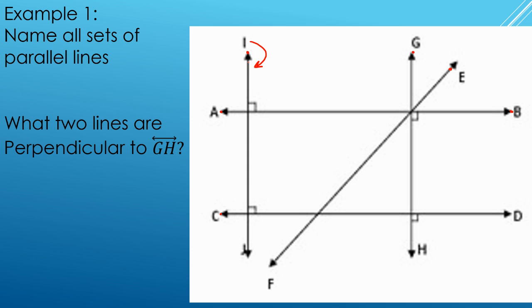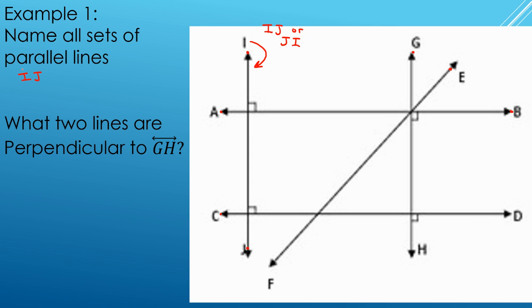So if you wanted to reference this line here on the left side going up and down, the vertical line, this would be line IJ, because J is another point on the line at the bottom there. Or you could call it JI. They're both valid. The order of naming it is not important as long as you're picking points that are on that line.